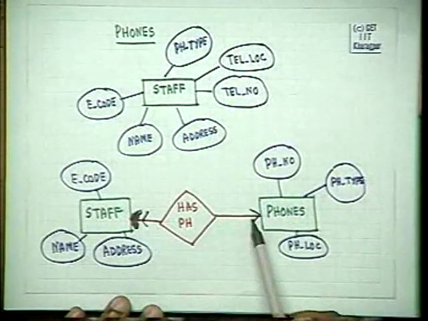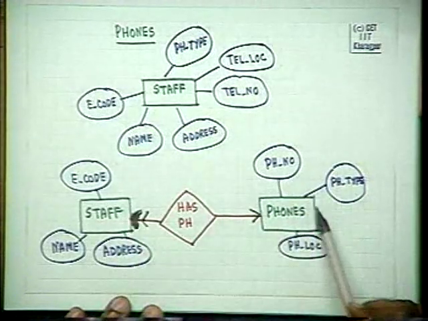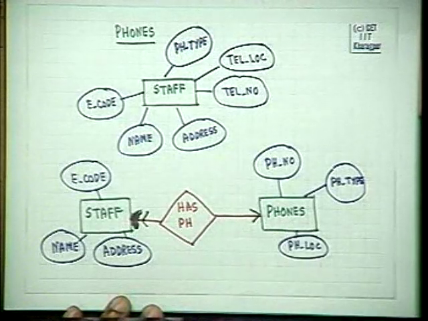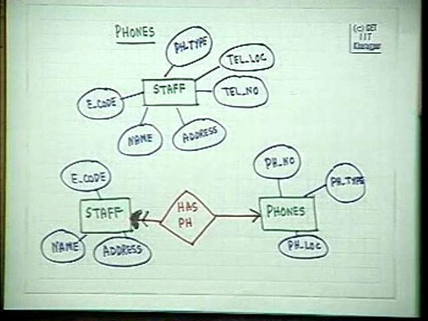The mapping constraints are induced here and the separating out is induced here. That is, the person may have no phones or a phone may have no person. So these things must be understood a little clearly when you design this ER diagram, because an ER diagram really defines all the constraints very clearly.